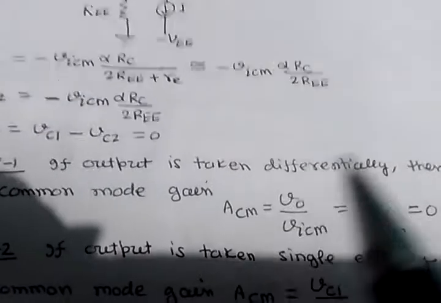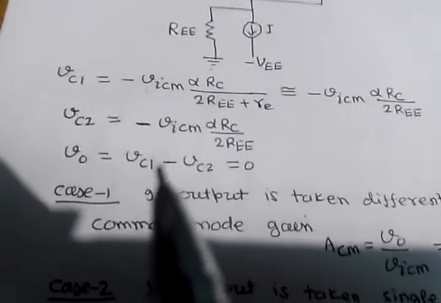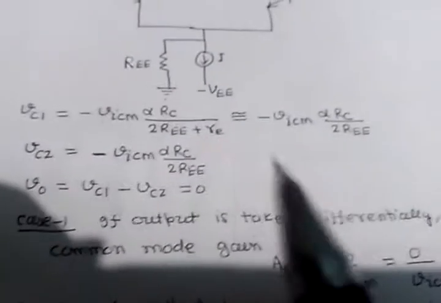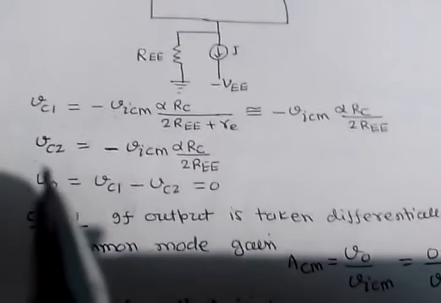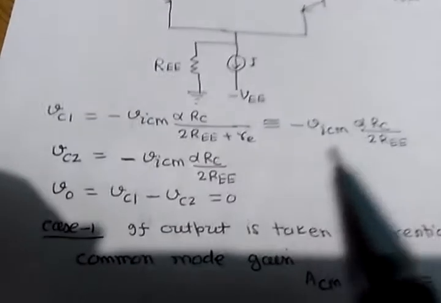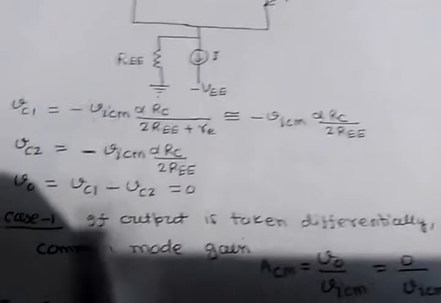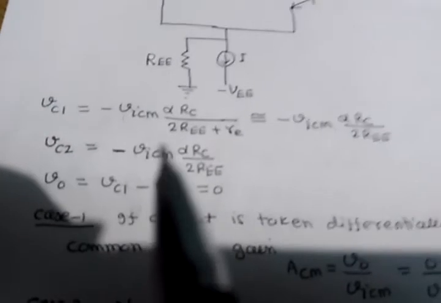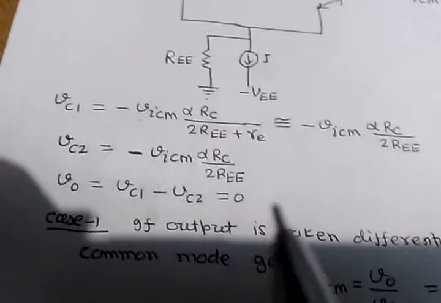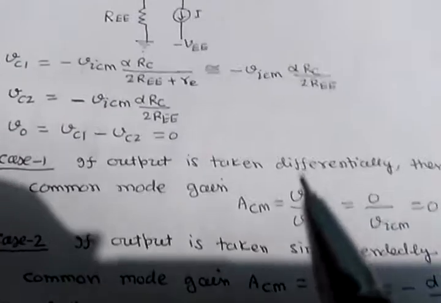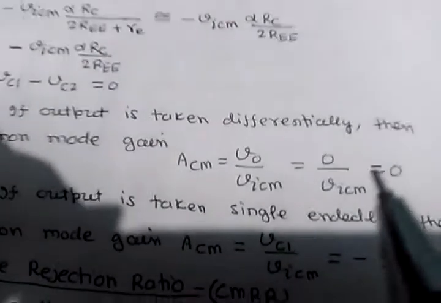When we take output differentially, then output will be VO equals VC1 minus VC2. Since VC1 is minus VICM alpha RC upon 2 REE and VC2 is also minus VICM alpha RC upon 2 REE, VO will be 0 if we take output differentially. So common mode gain ACM will be VO upon VICM, 0 upon VICM, it will be 0.